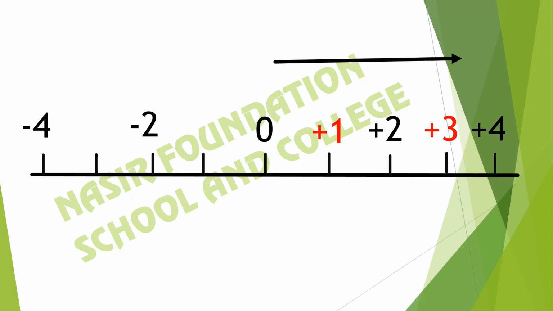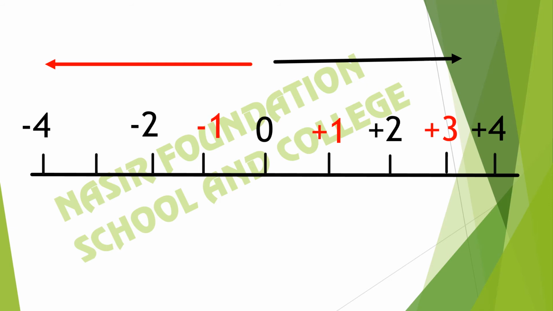What will be the next number if we move towards the left side of 0? It will be minus 1. After 0 it comes 1 and we use minus with it if we are moving towards the left side of 0.